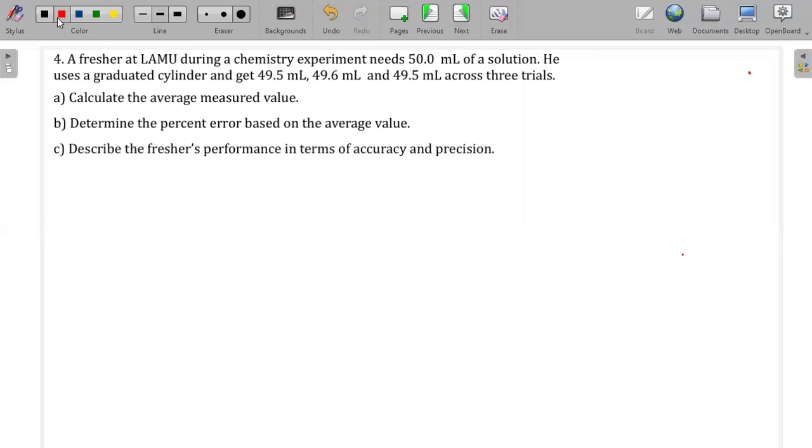And what is precision? Precision is how close the measurements are to each other. We can see that these measurements are very close to each other, so we can say that the fresher was precise, or had good precision.